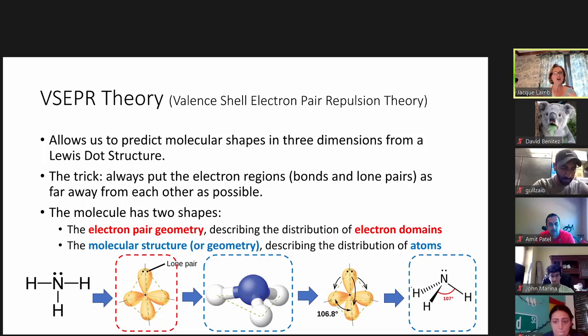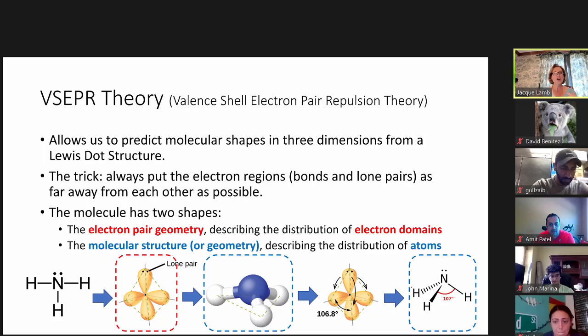If this is Be and we have an H on either side, we have a single bond between the two. Those are two regions of electron density. And the farthest apart those two regions can get is 180 degrees. It's very simple. This molecule still, by the way, is in two-dimensional space. It hasn't had to occupy three-dimensional space yet.